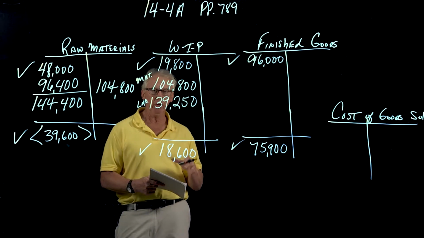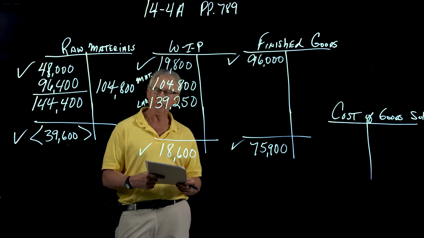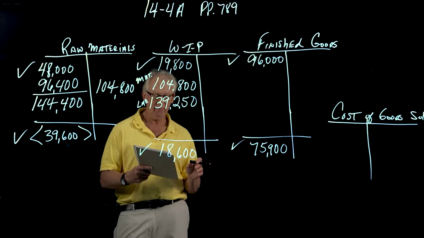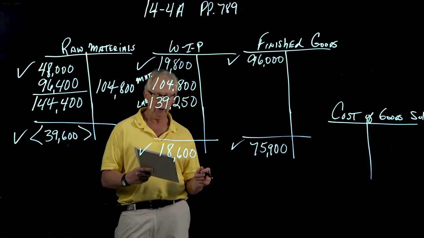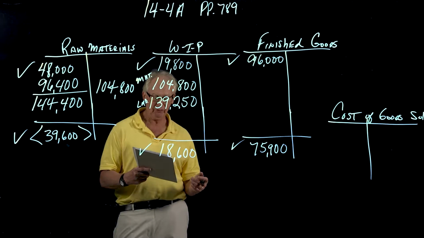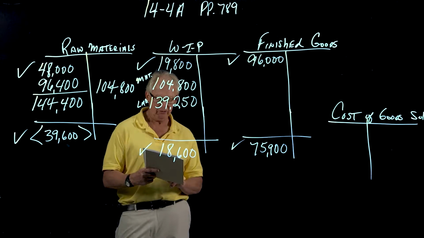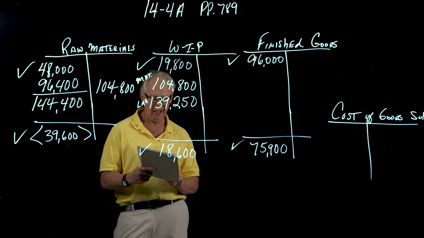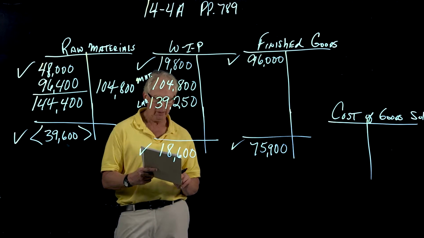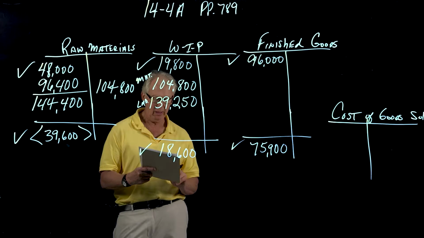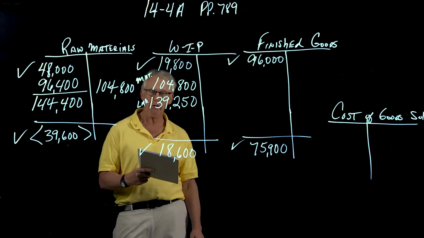And if you look at all the different costs in this problem, you will see such costs as indirect labor at $24,460, factory insurance at $4,600, factory machinery depreciation at $16,000, factory utilities at $27,600, plant manager salary at $58,000, factory property taxes at $9,600, and factory repairs at $1,400.